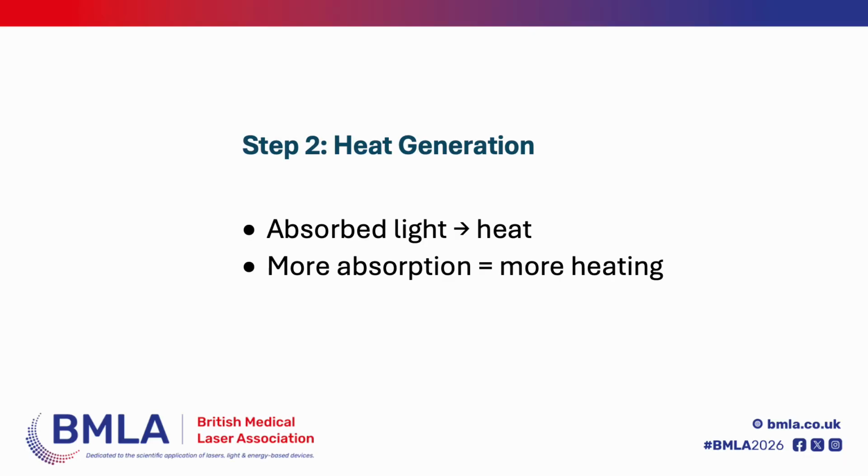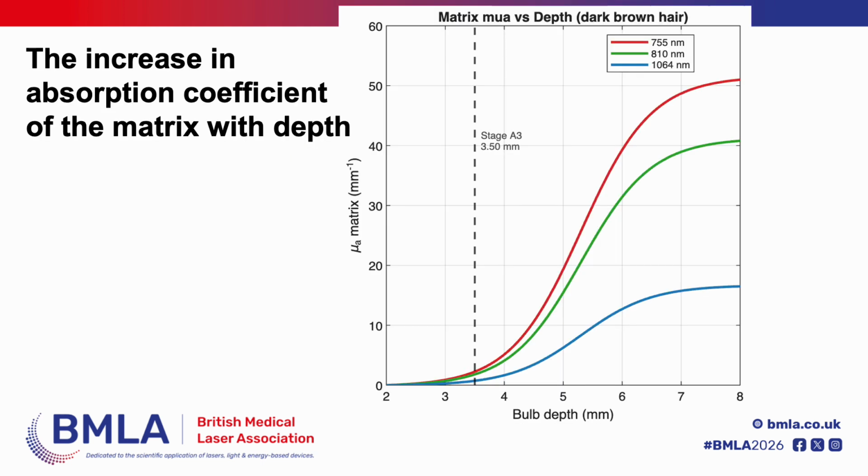So once we know where the light ends up, we can then calculate the amount of heat that is generated from that absorbed light. And obviously, the higher the absorption within the tissues, the greater the heating. So this is the interesting picture.